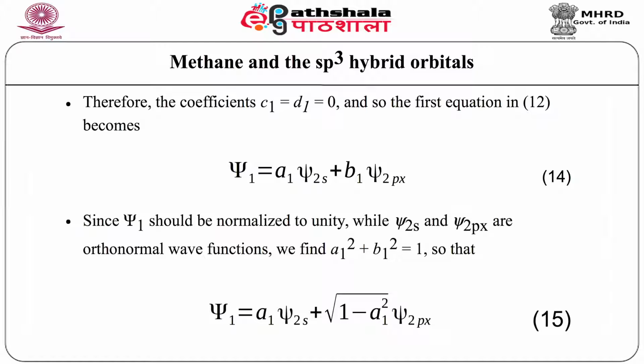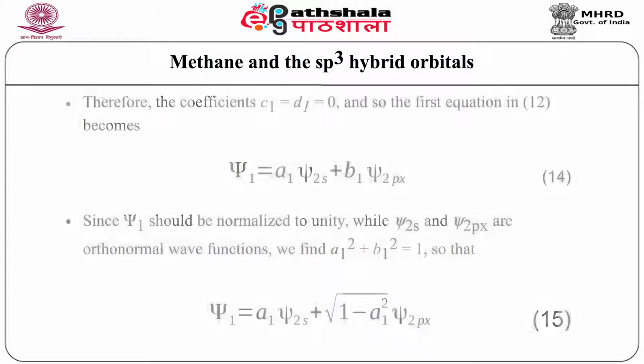Since Ψ1 should be normalized to unity, while Ψ2s and Ψ2px are orthonormal wave functions, we find that A1 squared plus B1 squared equals 1, so that Ψ1 equals A1 Ψ2s plus square root of 1 minus A1 squared Ψ2px.